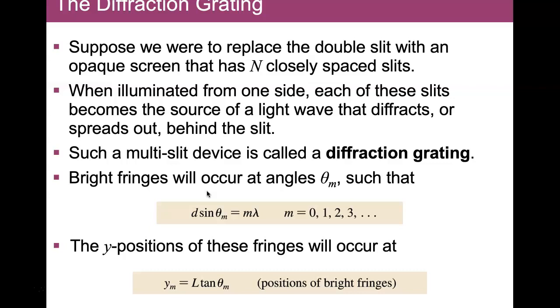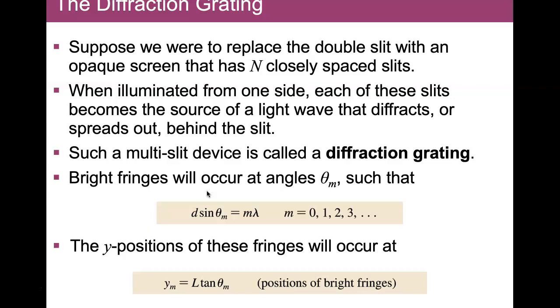So let's try to think a little bit about this. Again, the equations for bright fringes are the same as for the double slit, but the shape looks different.